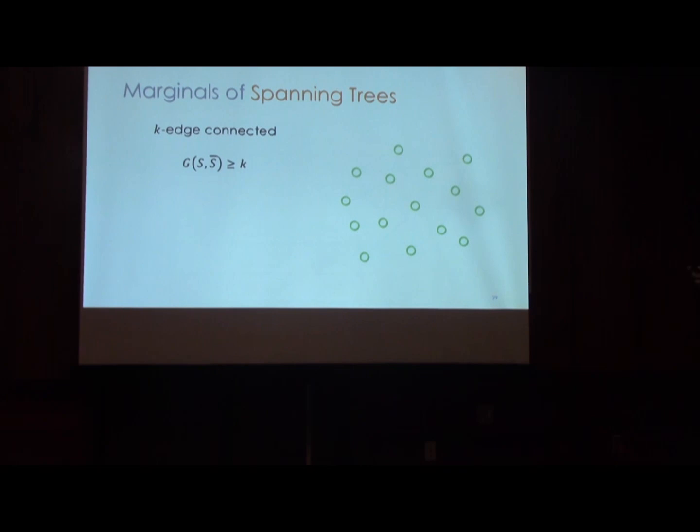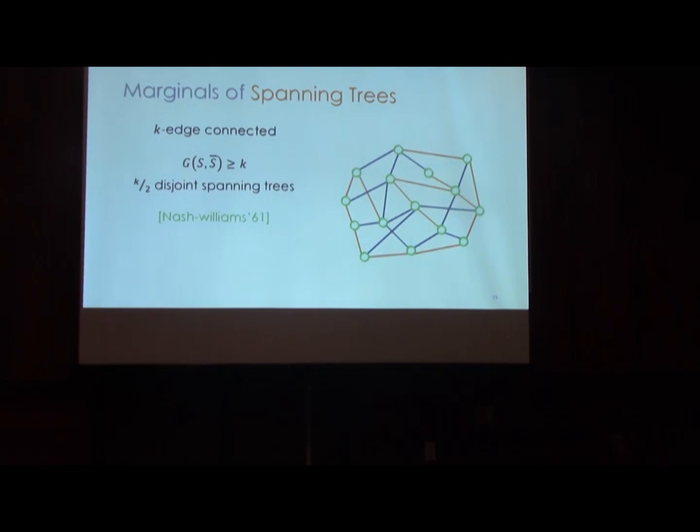Let me go over this slide too. So this in particular implies that if you have a K-edge-connected graph, by Nash-Williams, which Amin described, you can always find K over 2 disjoint spanning trees.